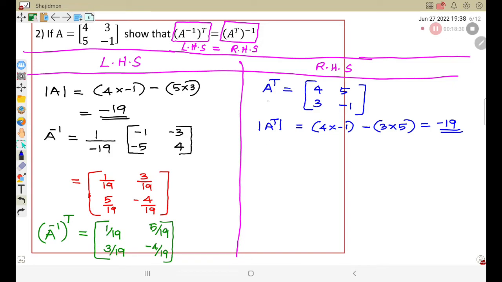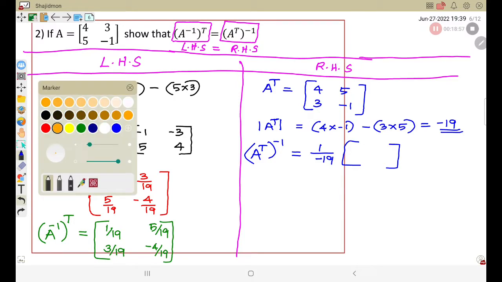Now we need to calculate the A transpose matrix inverse. A transpose matrix inverse equals 1 over the determinant of the A transpose matrix, which is minus 19, multiply the matrix with main diagonal numbers interchanged and off diagonal numbers with opposite sign. Don't forget, it is the A transpose matrix. So minus 4 and minus 1, how are we interchanging these two numbers?